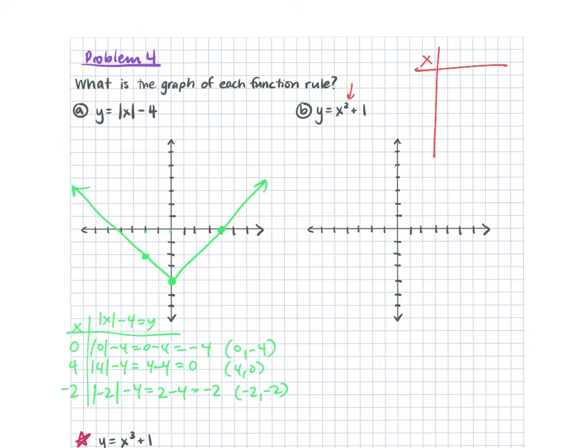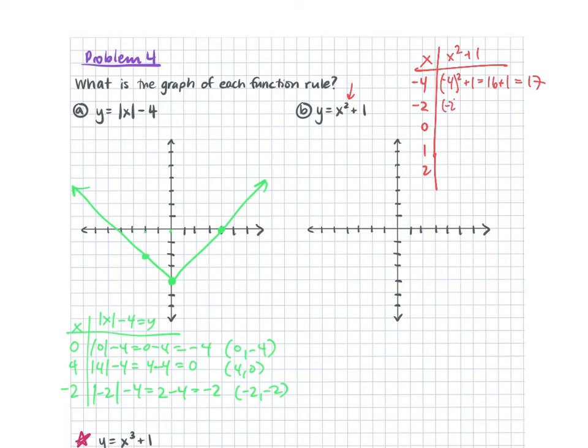Let's do -4, -2, 0, 1, and 2. And see what happens. This is x squared plus 1. So this is -4, which squared is 16, plus 1 is 17.